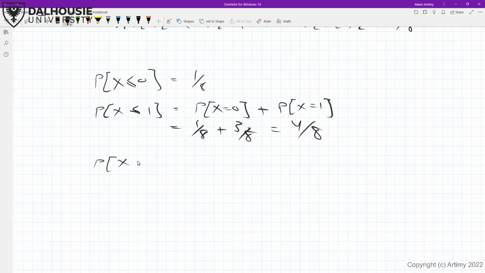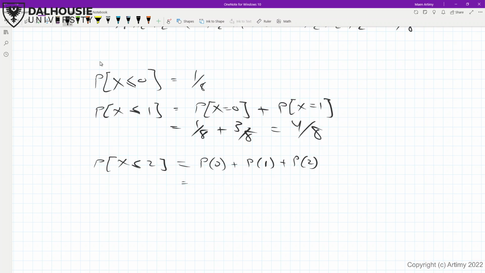Probability of x less than 2: now I can use the simplified version, so I can say p of 0, p of 1, p of 2. By the way, this term is equivalent to this term, right? These two are equivalent, just the notation we're now using is simpler, because it's going to get really tedious if we write x equals every time.